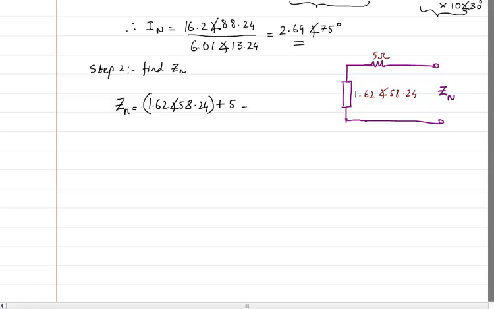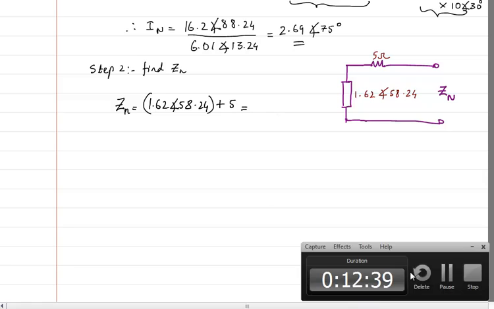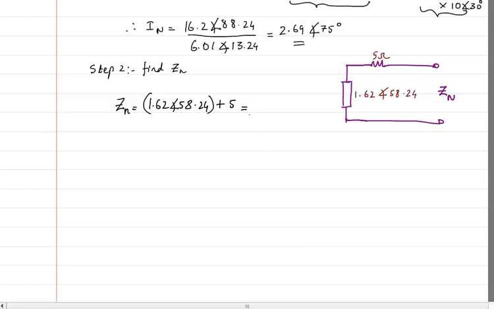If we find the value, we get Zn as 6.01 with an angle of 13.24 degrees. So I have got both IN and Zn.